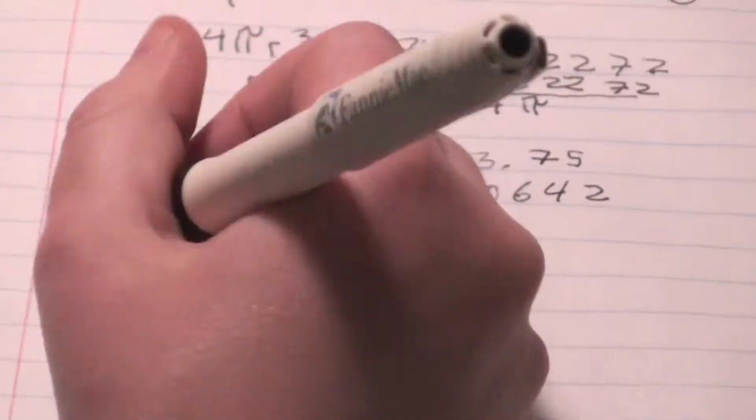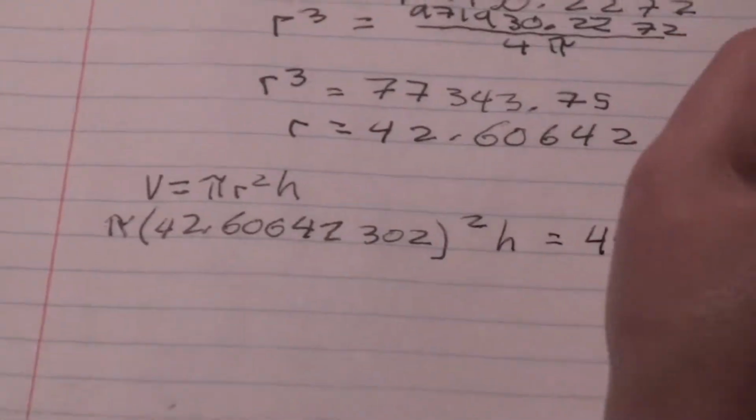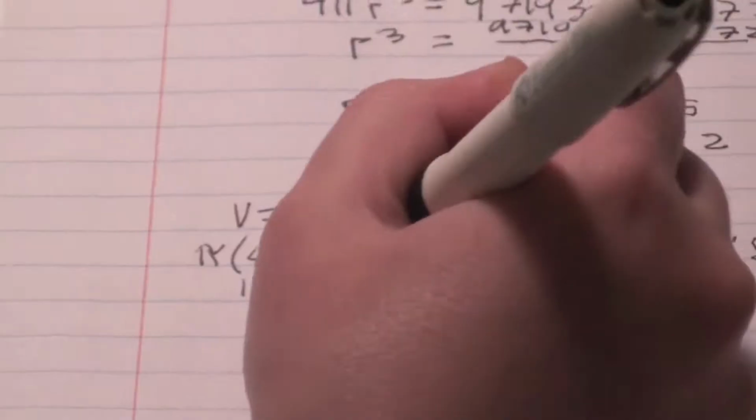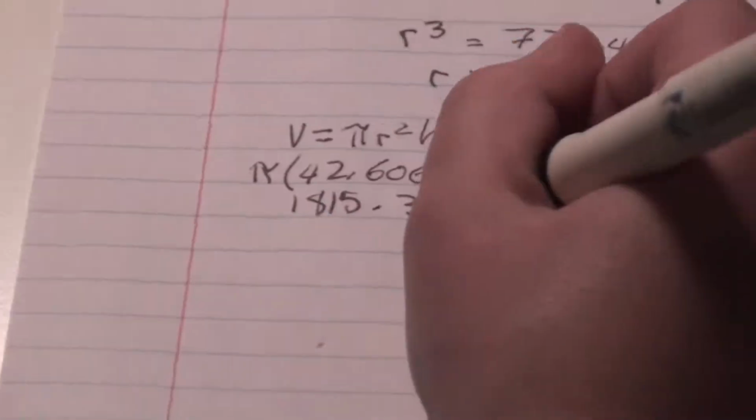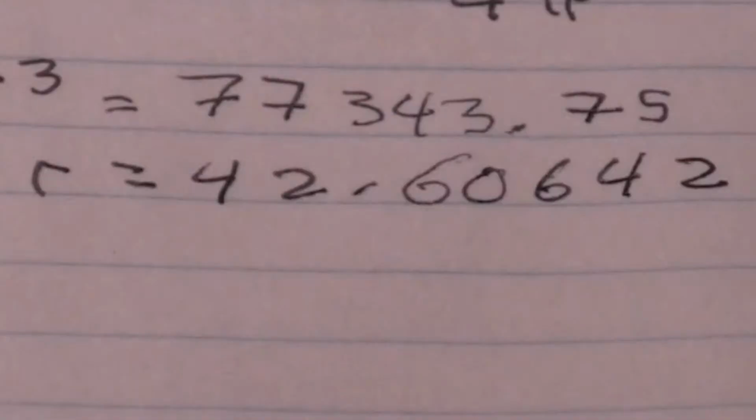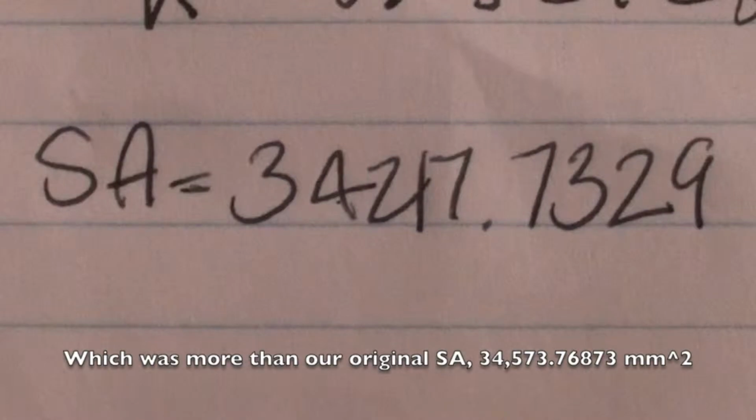After solving for r, we plugged our value for r back into the volume formula to find h. Then we calculated the new surface area.